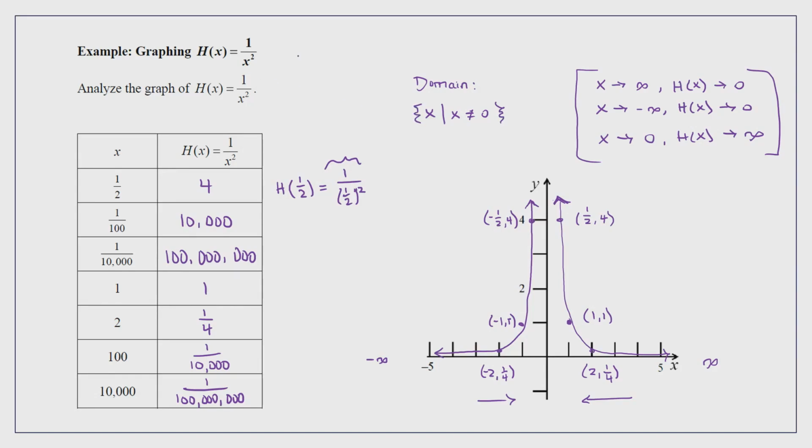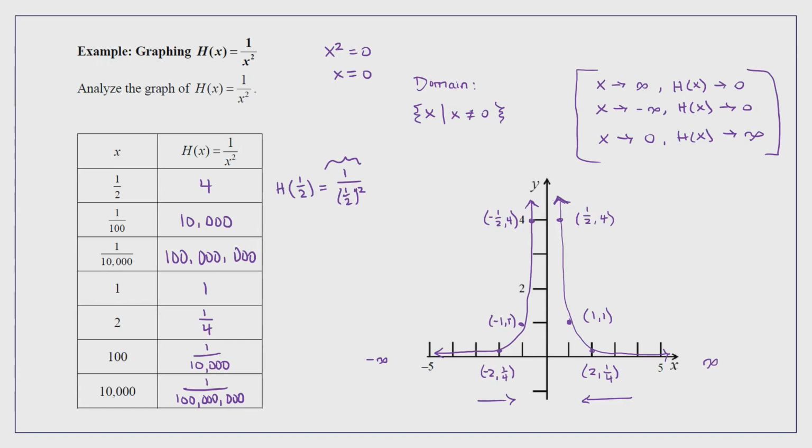And we know that because if we set our denominator equal to 0, we'll get x equals 0. And so 0 cannot be an x value for h of x because it would make the rational function undefined. And so in our graph, we visually can see that because our graph does not cross the y-axis.